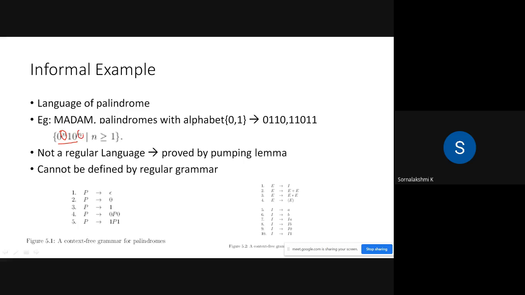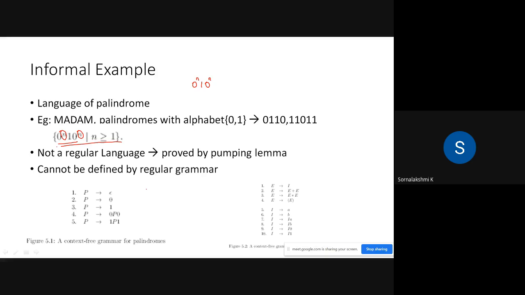This is a palindrome: 0 occurs n times, followed by 1, and then 0 occurs n times. Represented using the binary alphabet 0 and 1, this is a language like this. We proved that this is not a regular language using pumping lemma, so it cannot be defined by a regular grammar, but it is an example of a context-free grammar.